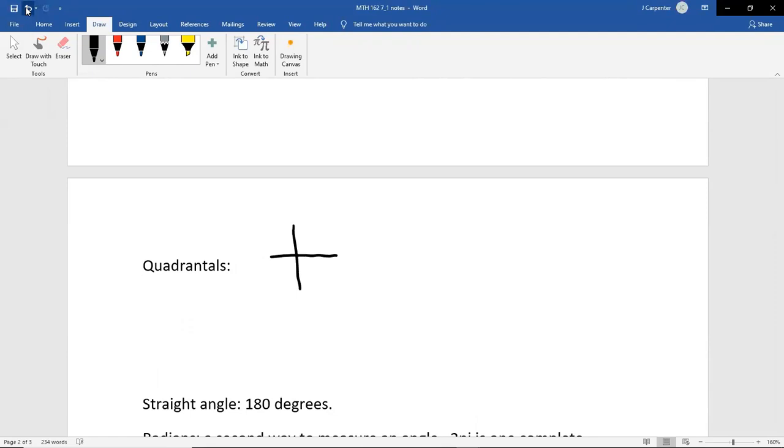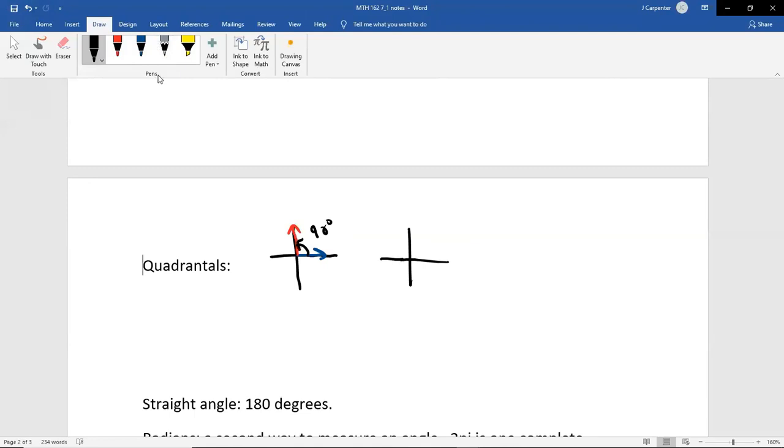I'm going to skip doing the X and the Ys. I think I was doing initial for blue and then red for terminal. So that would be 90 degrees. That's your first quadrantal. Let me describe the swing.